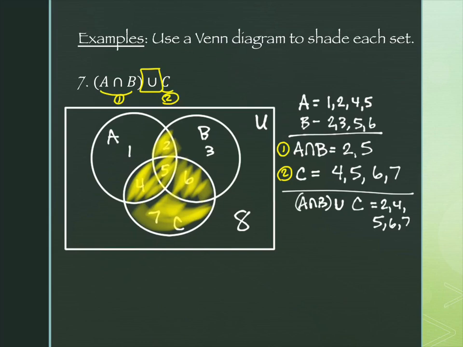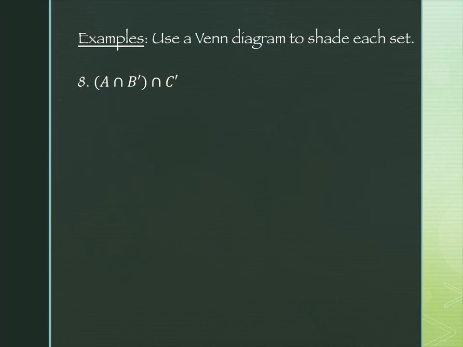It's really easy to miss a piece if you don't put the numbers in. I will tell you, this is not how I've always taught this material. I had a student show me something at one point, and I thought, this is foolproof. This is great. I can make sure I get it right every single time. There's no questions if we put numbers in the regions. Okay, let's do another one together.